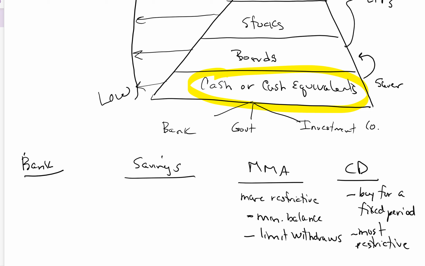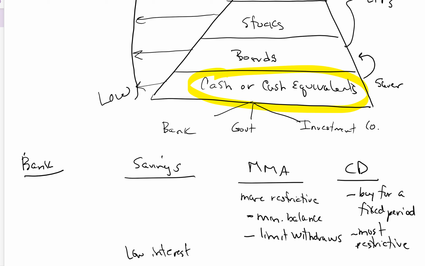Okay, so let's talk about then generally returns you should receive from these different types. So a savings account is the safest. You can get your money out anytime. So its annual interest rate is very low. A money market account, given that it's more restrictive, has a typically slightly higher interest rate than a savings.